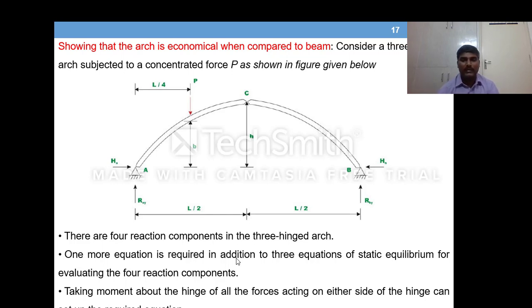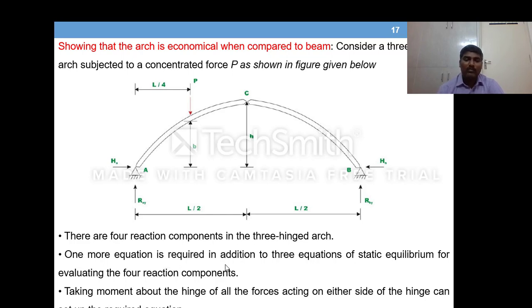First, we need to solve for external reactions, which are the vertical reaction and horizontal reaction at A, and the vertical reaction and horizontal reaction at B. So there are 4 reaction components here, as you see, but you have only 3 equilibrium equations possible.